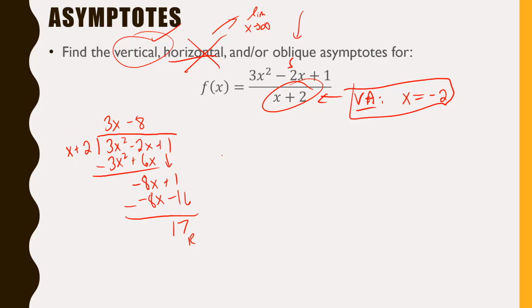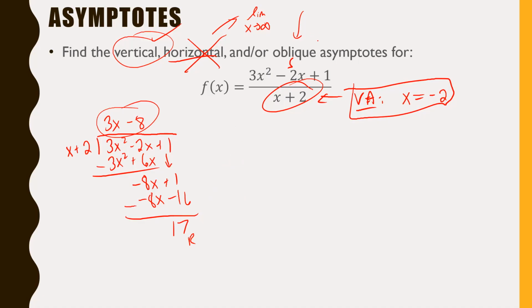Now here's the thing. Oblique asymptotes are going to be basically what your answer was when you did the division. So the oblique asymptote here is actually going to be that 3x minus 8. There was an official way of checking this, which was just making sure that the remainder had a limit as x approaches infinity of 0. But the reality is it's going to be. I'm not even going to bother worrying about that, and I don't really expect you guys to need to worry about that either.